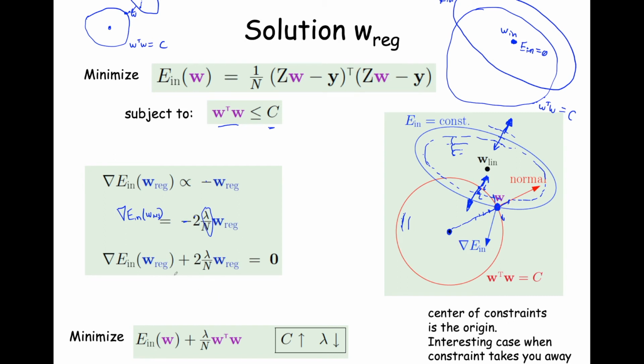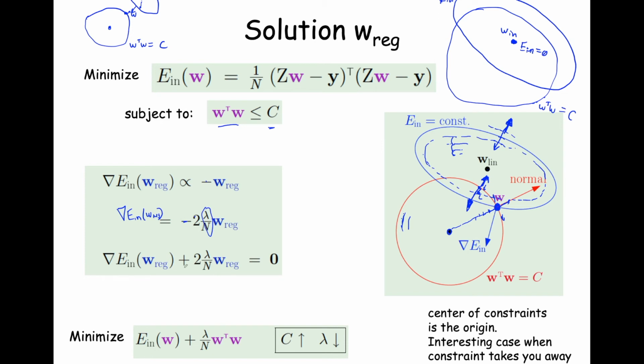Well, for one term, the gradient of En at W reg is nothing more than the derivative of En of W, evaluated at that W reg solution. The second term, 2 lambda upon n W reg, is the result of taking the derivative of something.